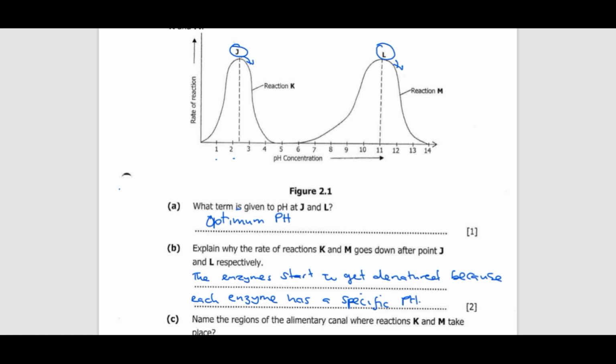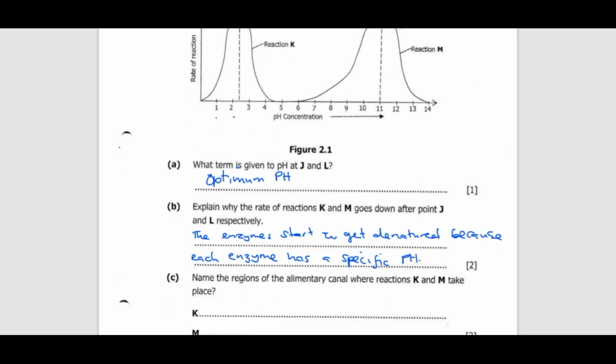So after reaction K reached J, it started to decrease, or it was denatured.